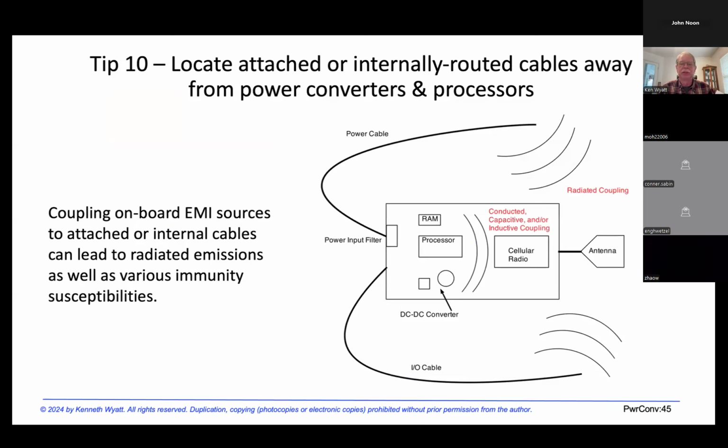Tip 10, we want to route any attached or internally routed cables away from power conversion circuitry and any kind of digital processing. And this really applies for any kind of circuit. Doesn't matter if it's wireless or not.